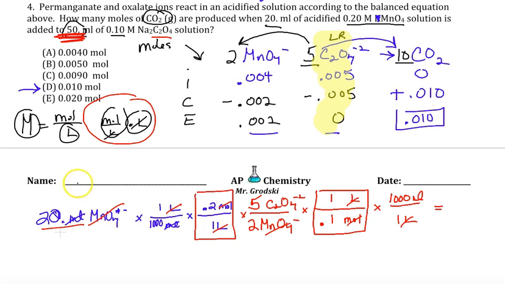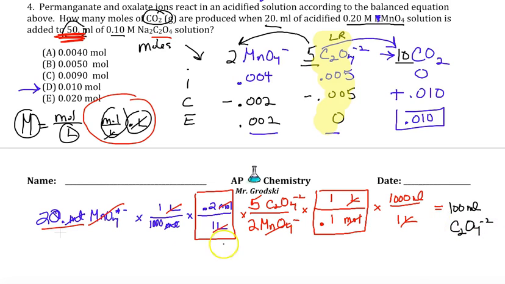So when I put this in my calculator, 20 times 1 divided by 1,000 times 0.2 times 5 divided by 2 times 1 divided by 0.1 times 1,000, I get 100 milliliters of my oxalate ion.